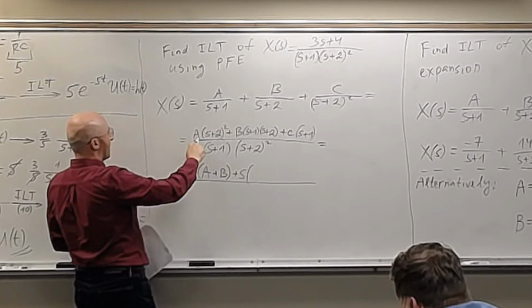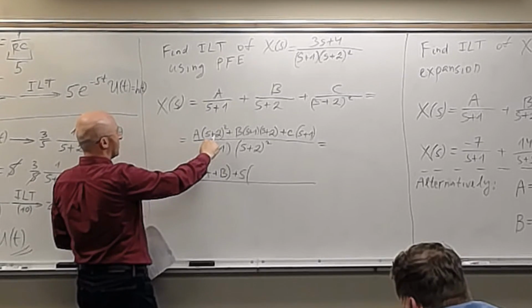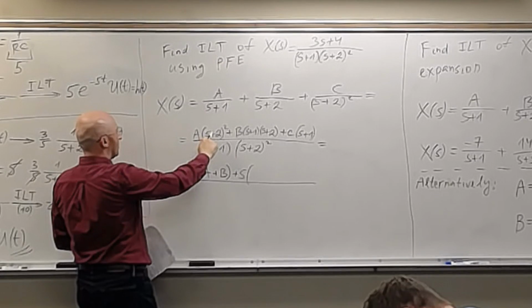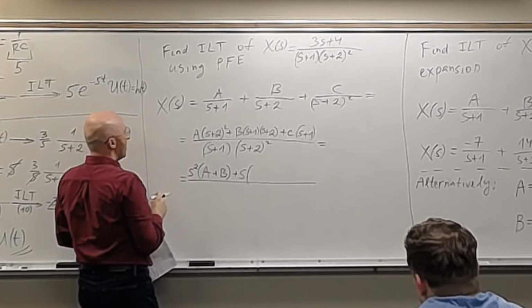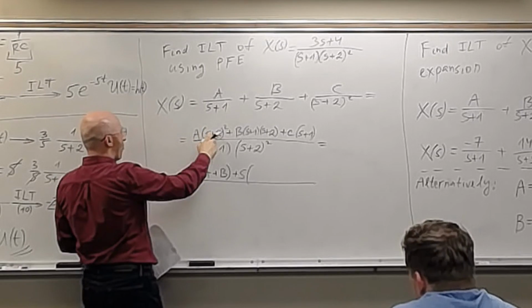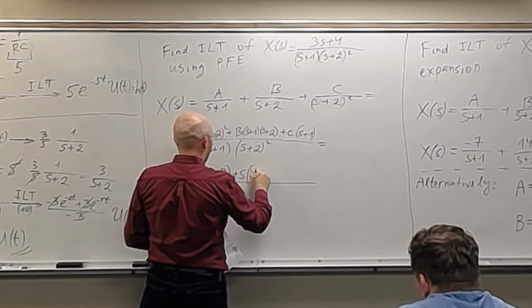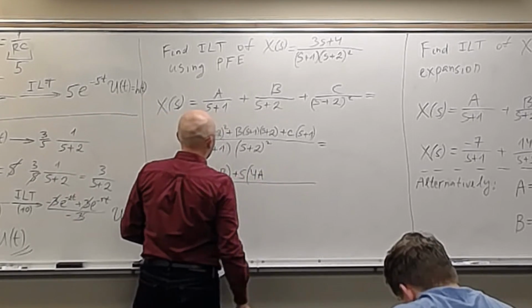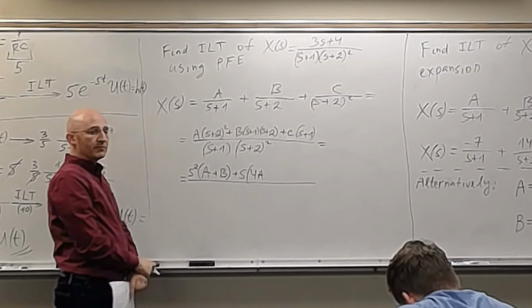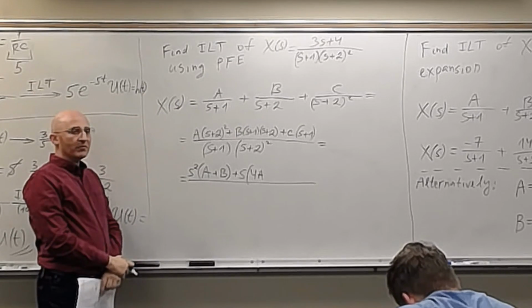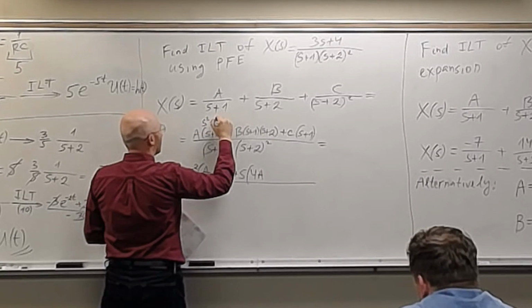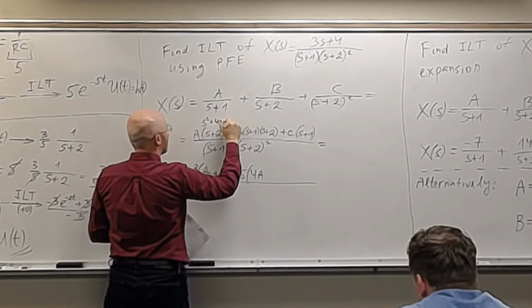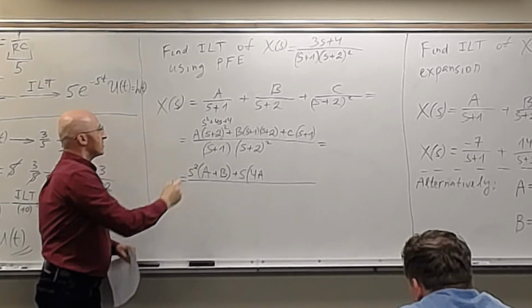So where will you have s? Here you'll have twice s times 2 times a, so you'll have 4a. Is it clear where I got this from? So it's s squared plus 4s plus 4. Right, this one.